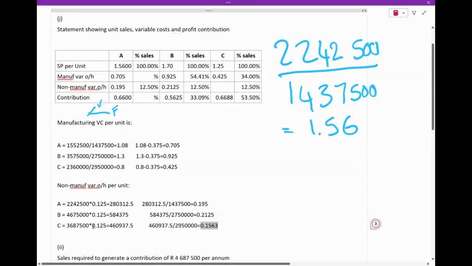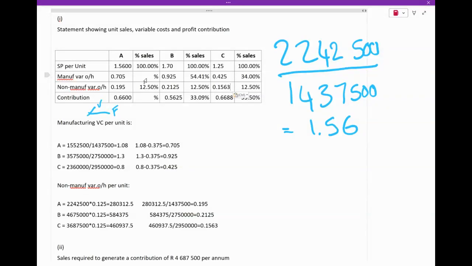Then we need to work out the relevant percentages, and these percentages are based on sales. So we're saying how much of our manufacturing variable overhead, what portion of our sales is that? In other words, that's 0.705 divided by 1 rand 56. What do we get?